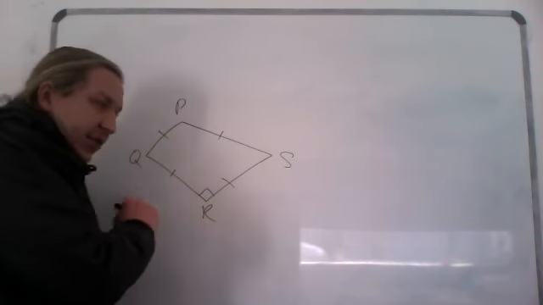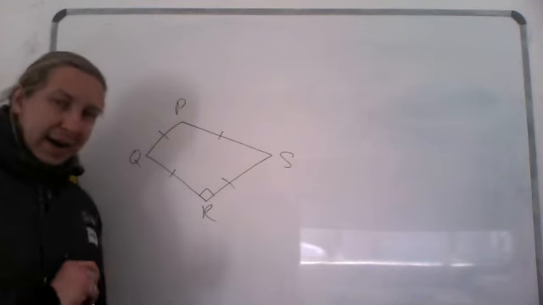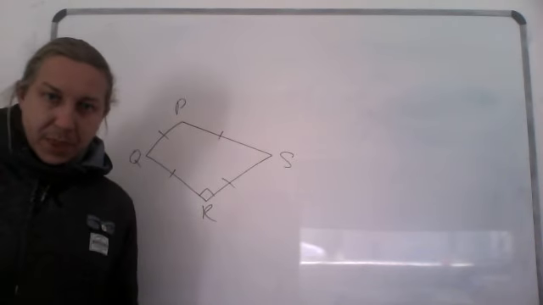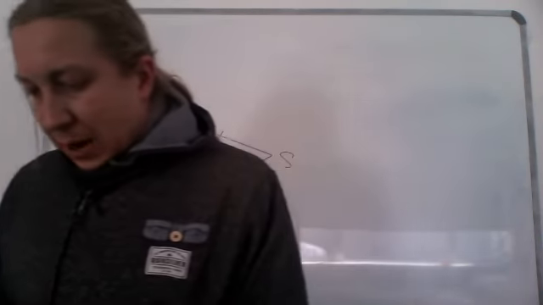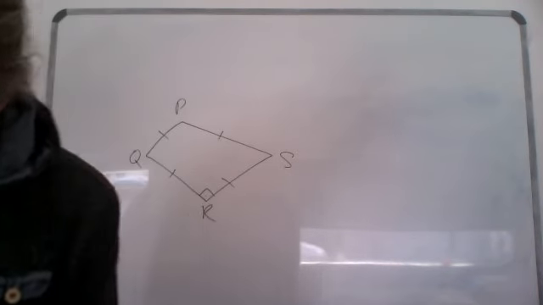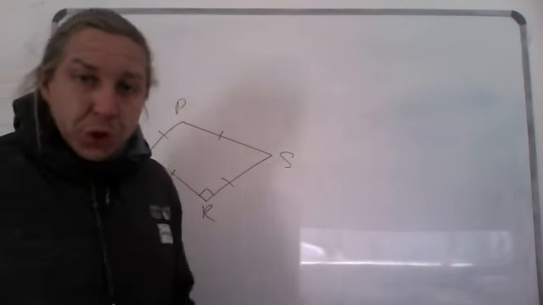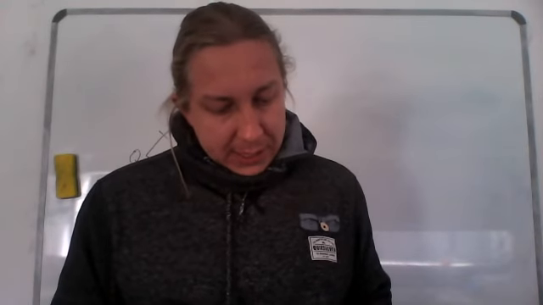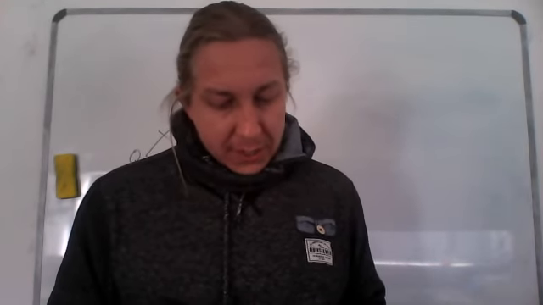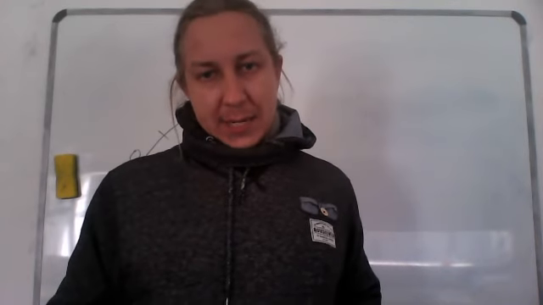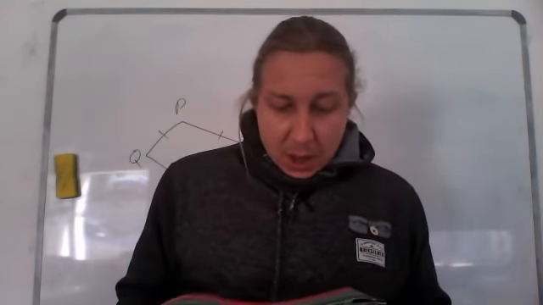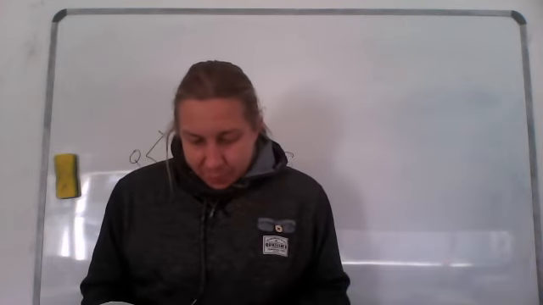Because all the sides are equal and we have a 90-degree angle. All right, guys, so that is how we're going to go about classifying these different shapes. If you look in the answers, it says PQRS is a square because it is a rhombus with a right angle.